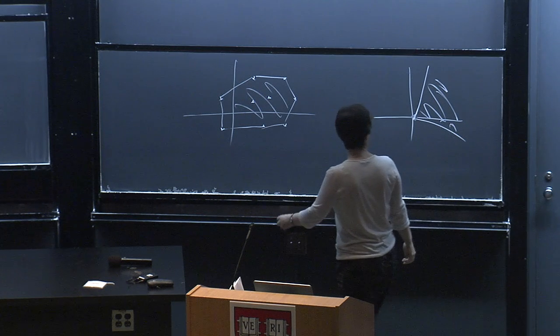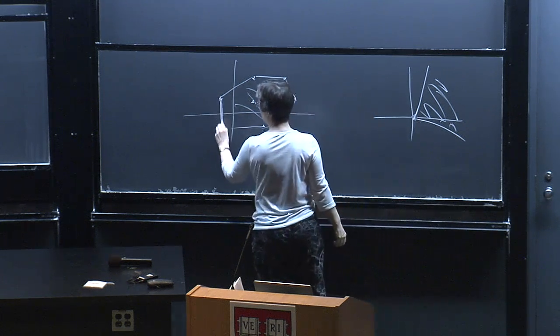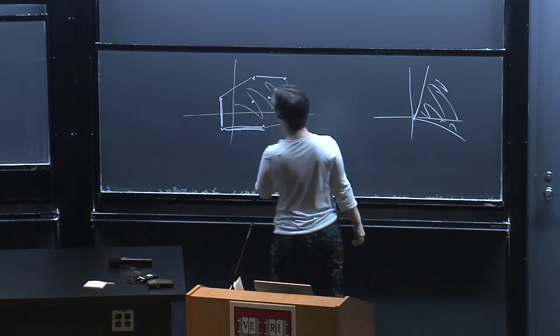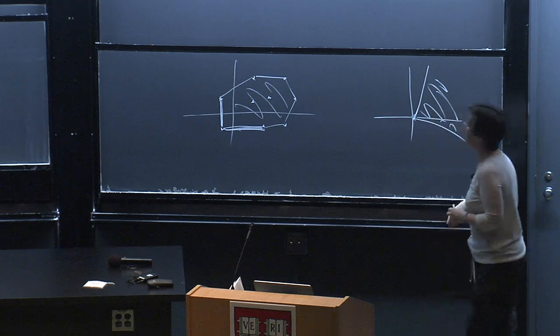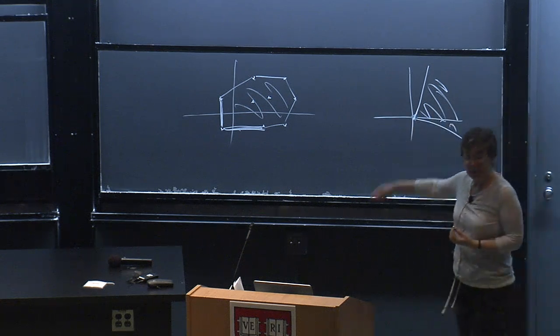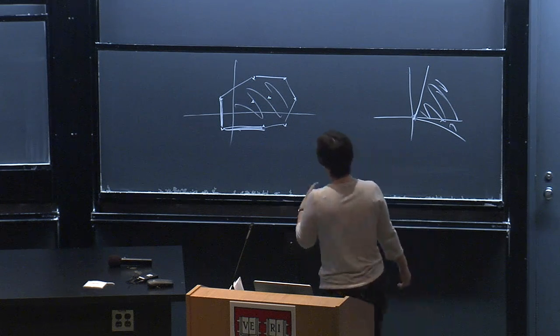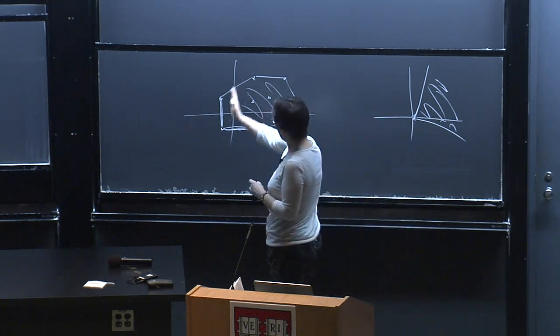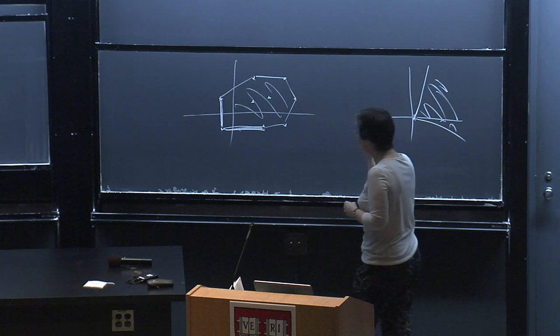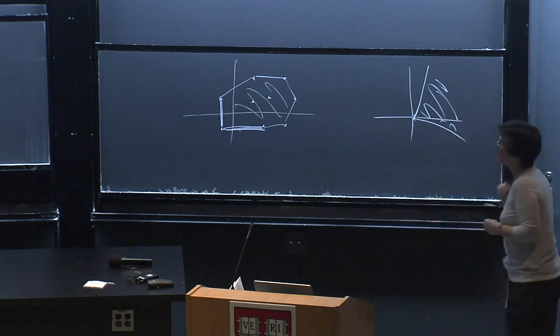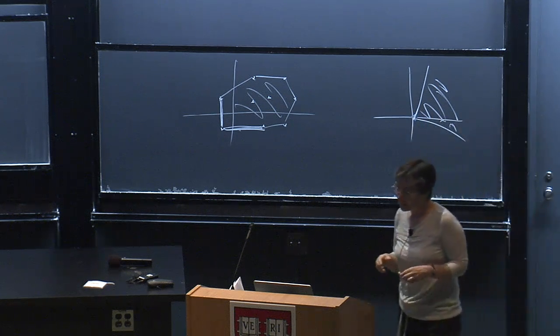I haven't drawn this very carefully, but my guess would be that in this picture those two pieces of the boundary would correspond to where you would have the minimal weight for some particular one-parameter subgroup.